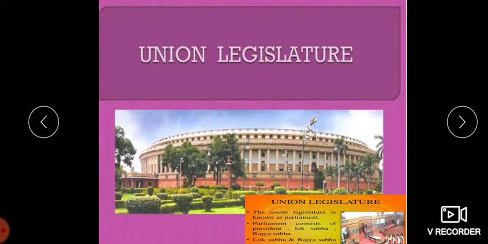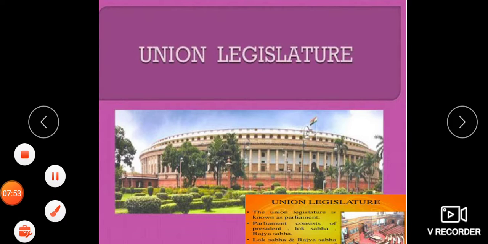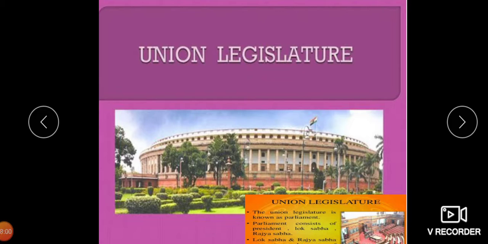Secondly, a single constitution for union and states. The states in India have not been given any right to make their own constitution. The framers of the Constitution have provided for a single common and unified constitution, both for the center and the states, except for the state of Jammu and Kashmir, which had its own constitution under Article 370.